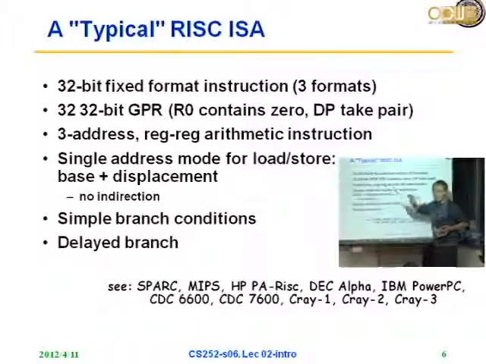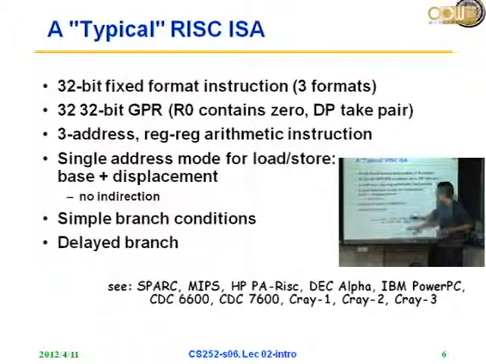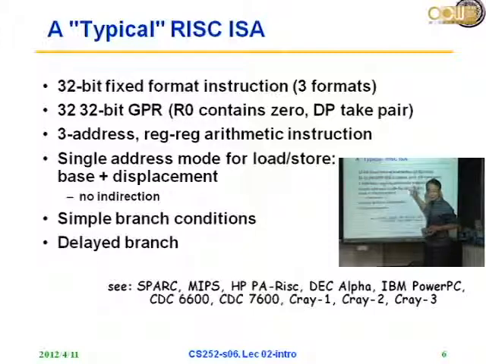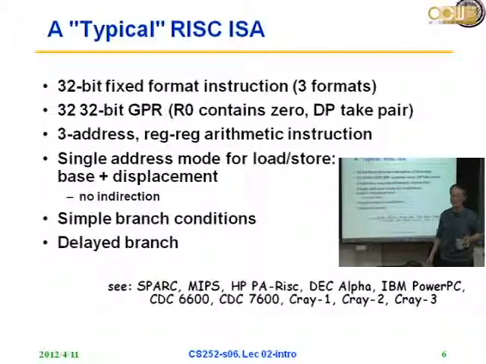Usually, I don't say that's a must. I say usually we allow only base plus displacement. And I emphasize that's only for data memory access. What about for instruction memory access? What about for instruction addressing mode?